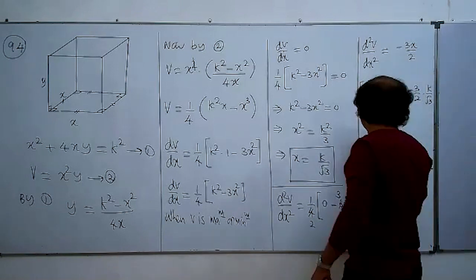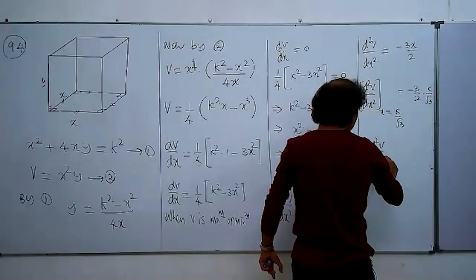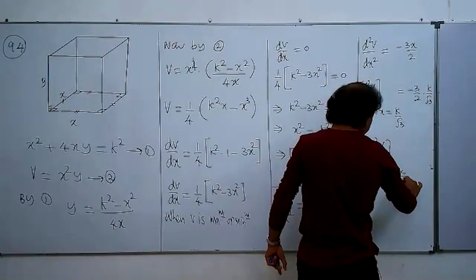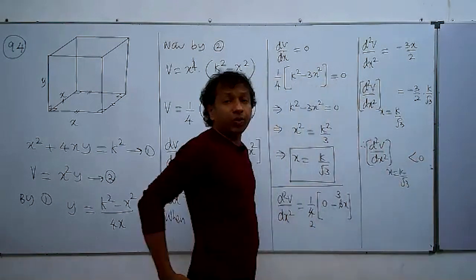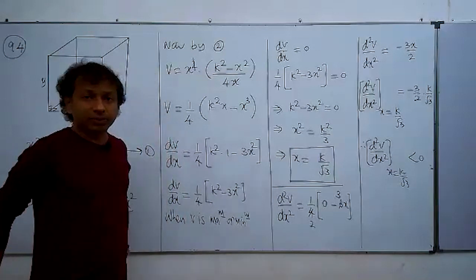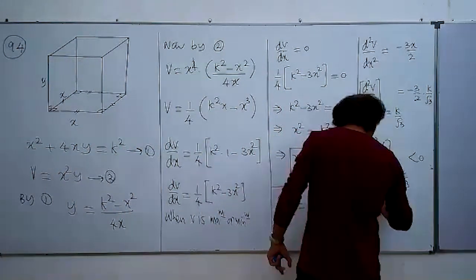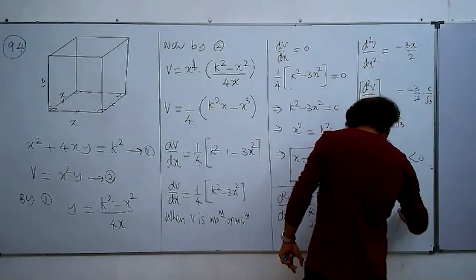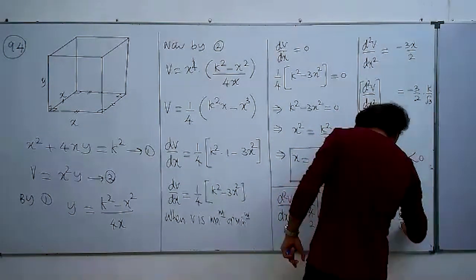Therefore, d2v upon dx2 at x equals k upon root 3 is negative. When the second derivative is negative, people, that becomes maximum. Therefore, v is maximum at x equals k over root 3.